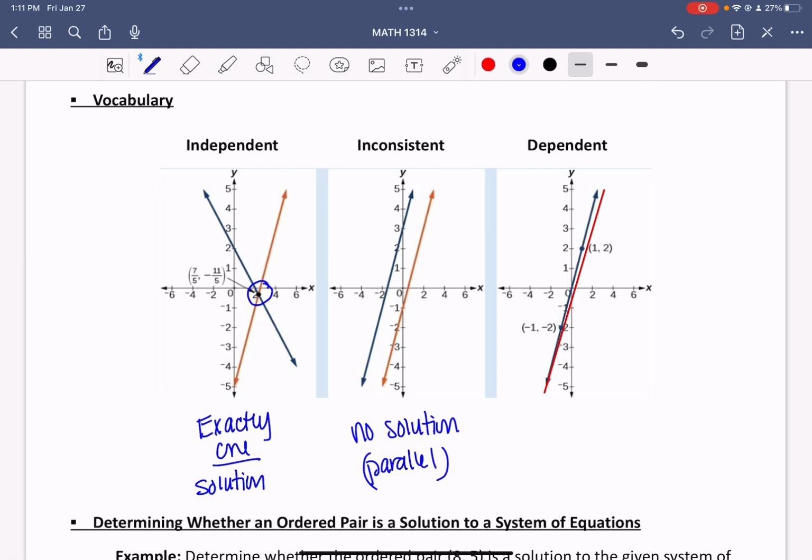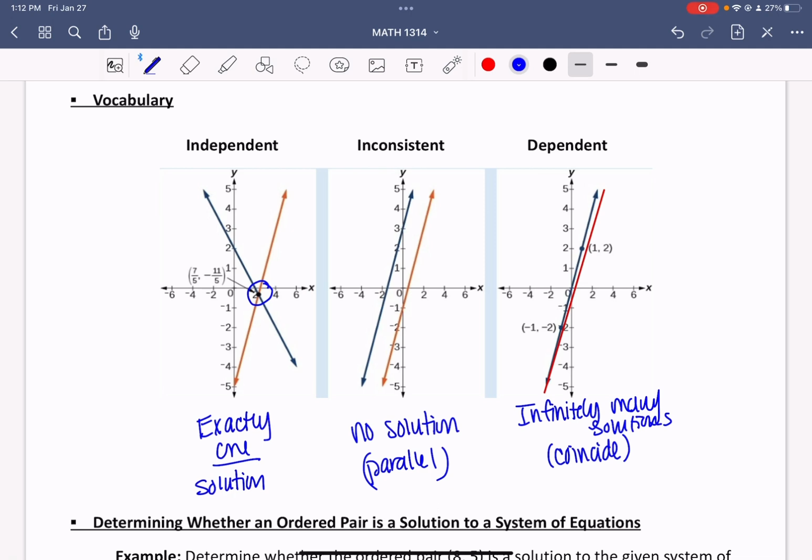And when does this happen? This happens when you have lines that are coinciding. It doesn't give you one point of intersection or one solution. It's not no solution where they're never crossing. This gives you infinitely many solutions because they're crossing in all these different ways.